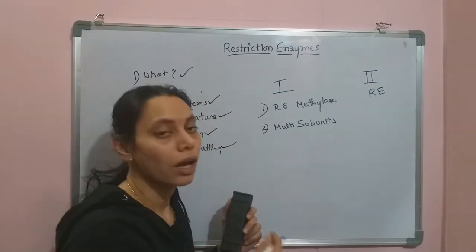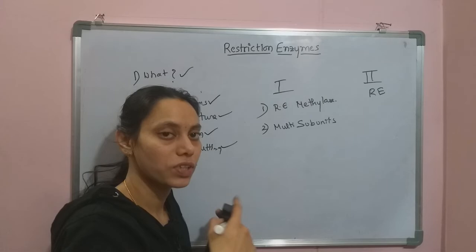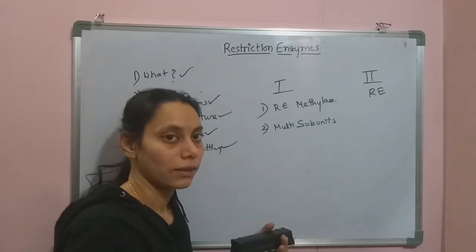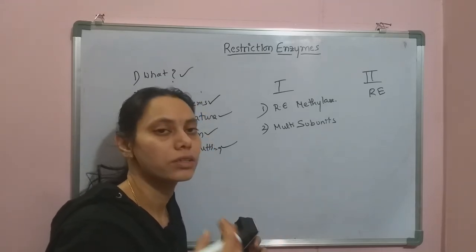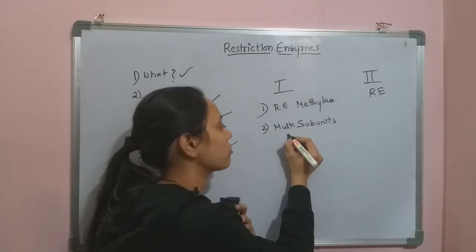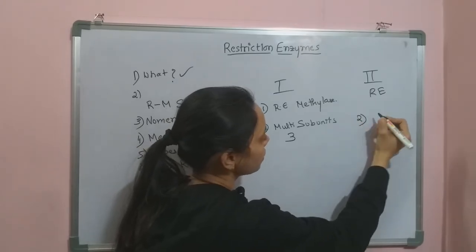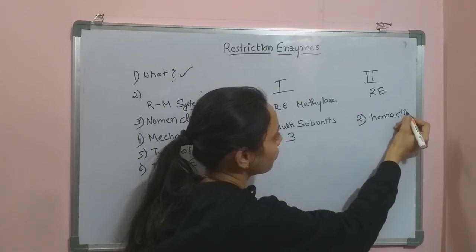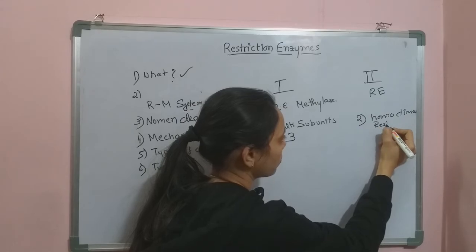That means they have one subunit for the recognition of the DNA, the recognition of the restriction site, one subunit for the restriction cut, and the third subunit for the methylation activity. So there are three subunits. Coming to the type 2 restriction enzymes, these are homodimers, dimers with restriction activity.